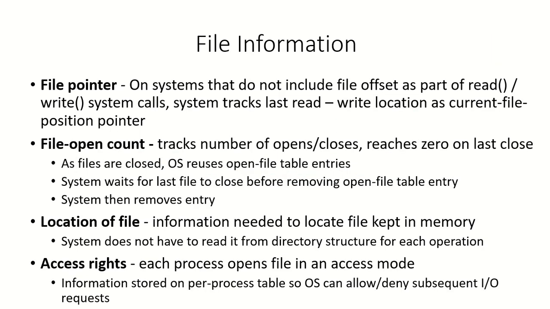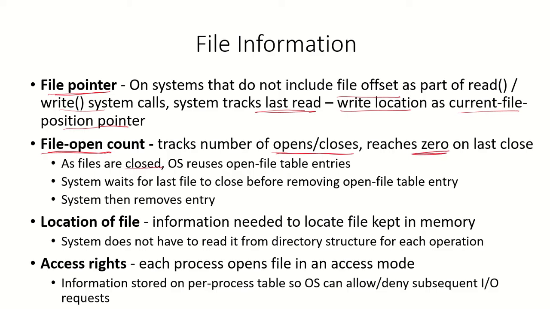So what is the file information that is stored in the system-wide table? One is the file pointer. If the file offset is not included as part of the read or write system call, the system tracks the last read or write location as the current file position pointer. Apart from that, the file open count is maintained, which tracks the number of opens or closes of that file, and on the last close of that file, the open file count will reach 0.